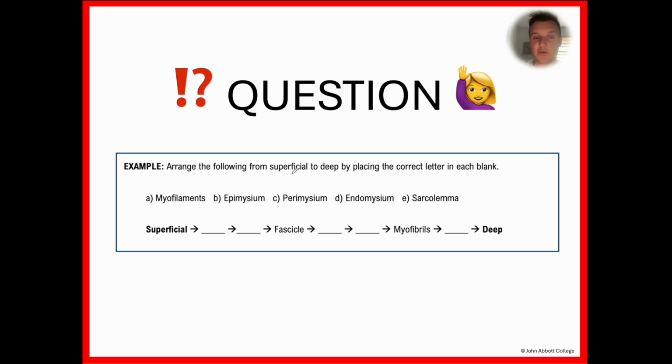From the most superficial to the deepest, deep inside. So we want to start from the outermost down into the innermost. You want to put the right order of these. So from superficial to deep, you're going to put the layers, right?